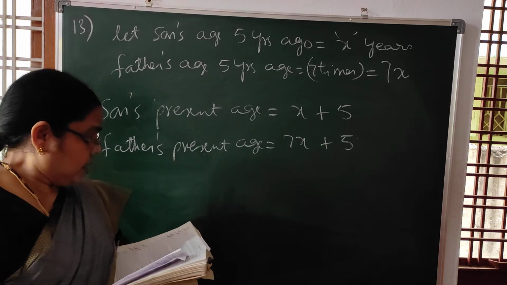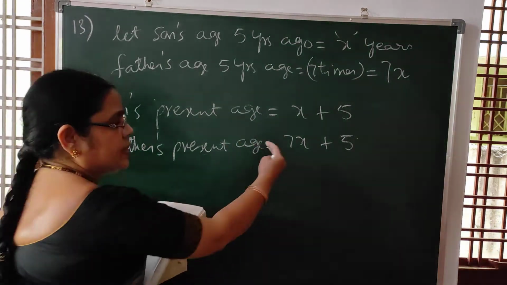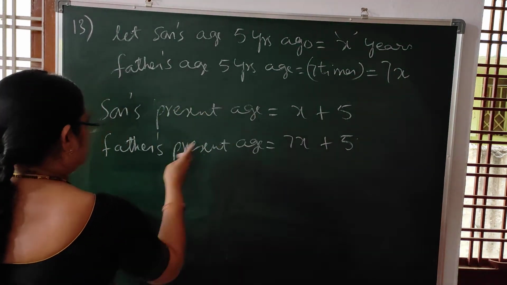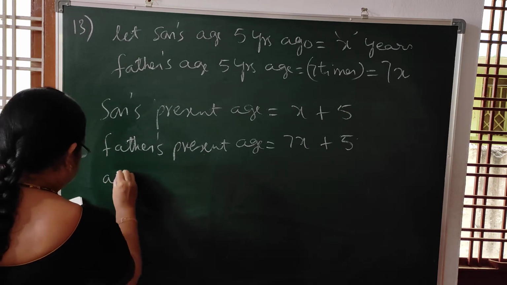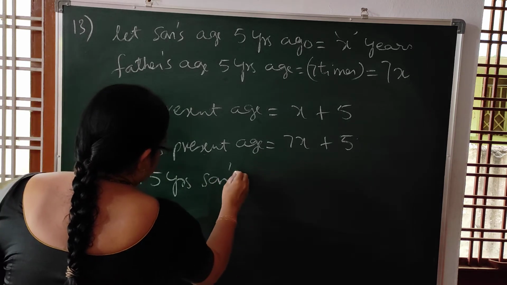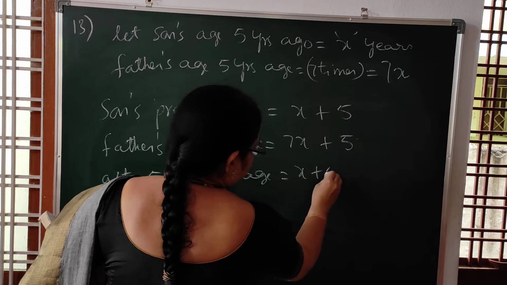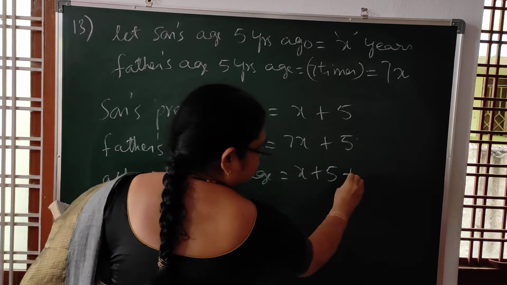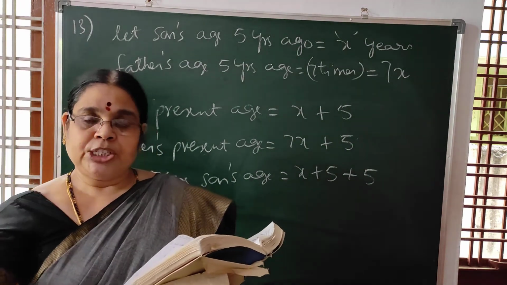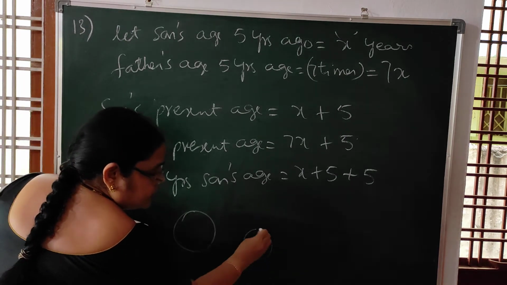Okay. Now 5 years hence, from now, this is the present age. From now 5 years after, what will be this fellow's age? Son's age after 5 years: his present age is x plus 5, plus 5. Here try to understand. 5 years back age was given. This is 5 years back age. This is his present age.